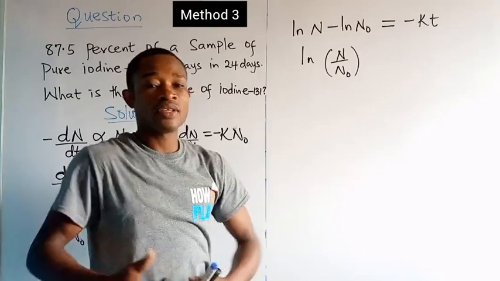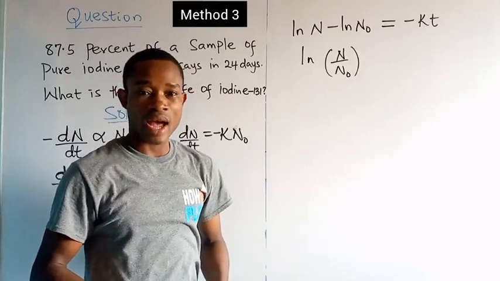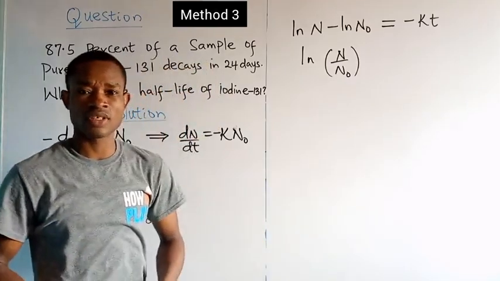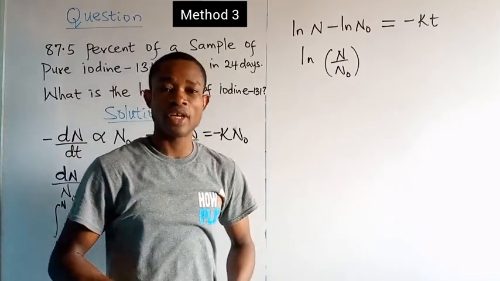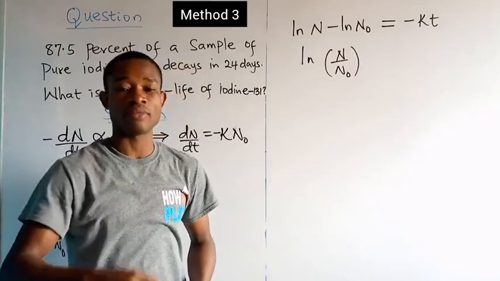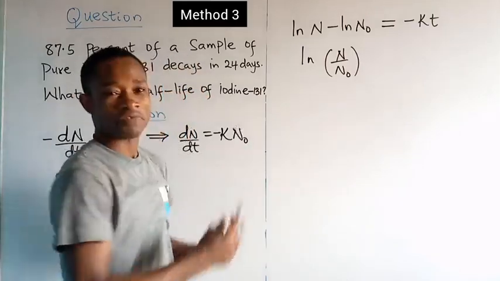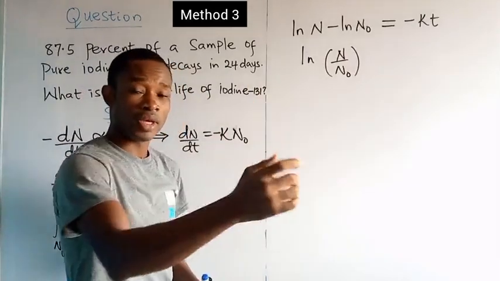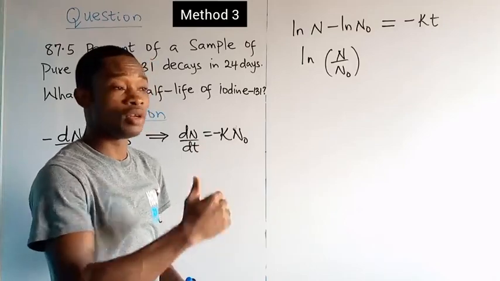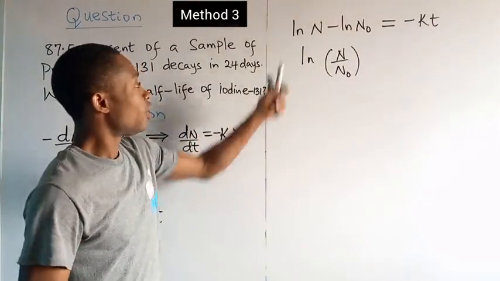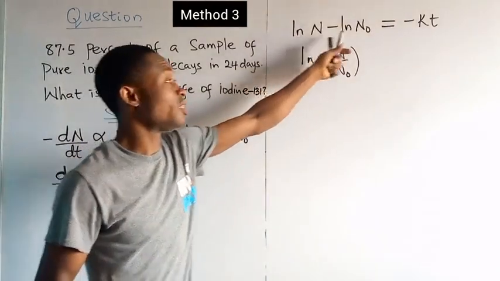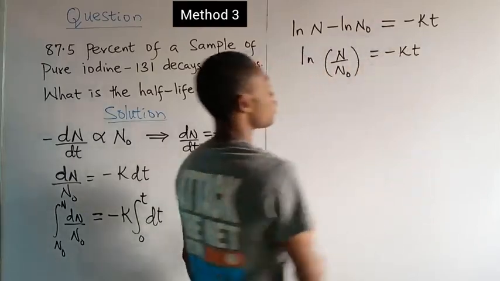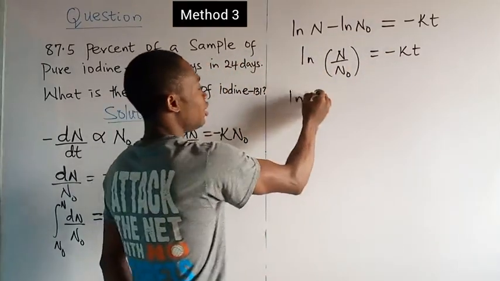In one of my recent maths video lessons where I solved problems on the mathematics workbook for Unit 6 students, we had a question that I treated on logarithm, explaining certain laws of logarithm. So I've applied it here. Log A minus log B, as long as the logs are in the same base, is log A over B. This limb here is logarithm to this e, so they have the same base. And that's going to be equal to negative kt. Now let us fix up our values. This is going to be ln, open bracket.